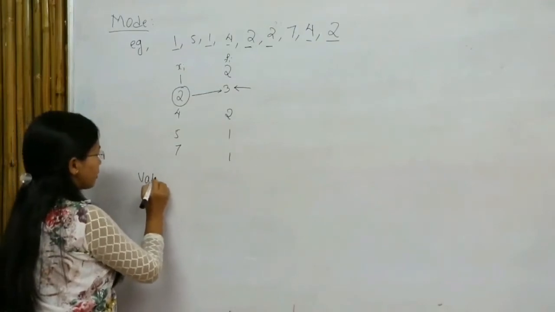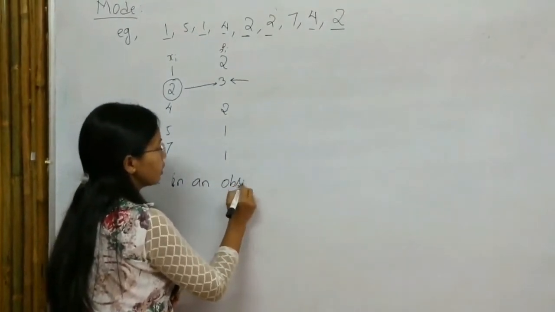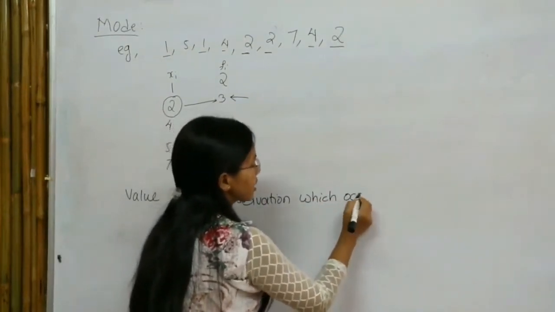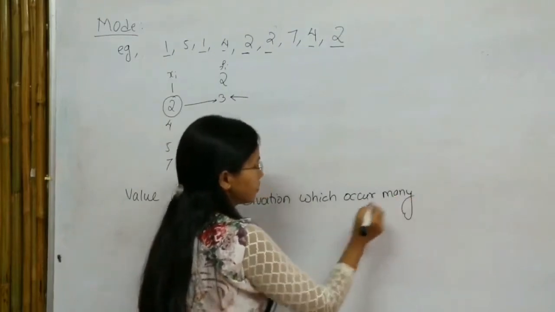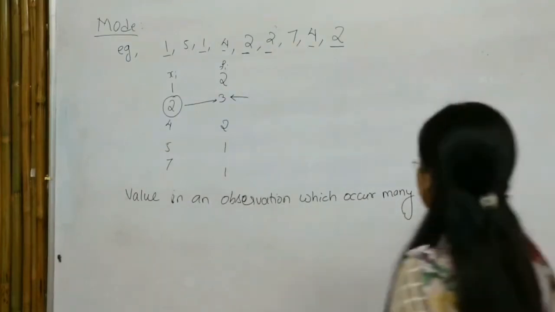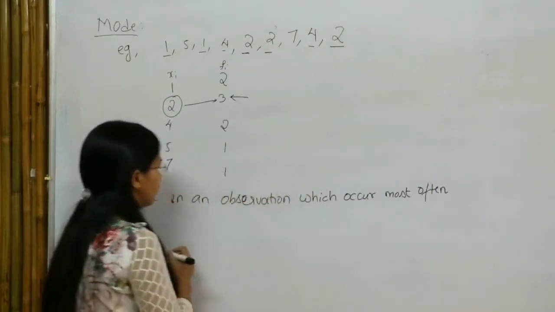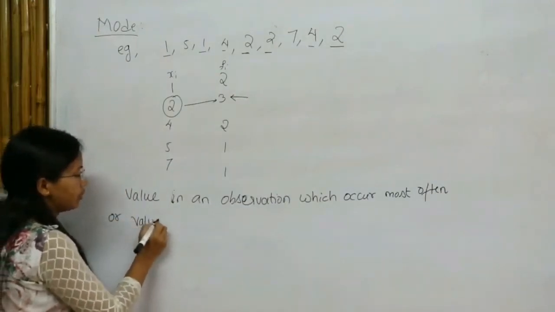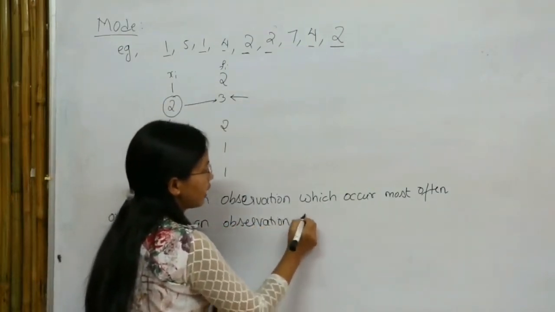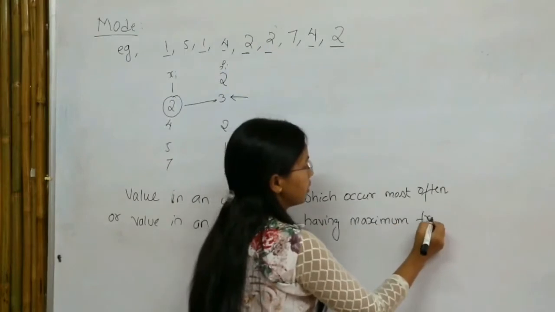That is, the values in an observation which occur many times, which occur most often, or we can say it is the value in an observation having maximum frequency.